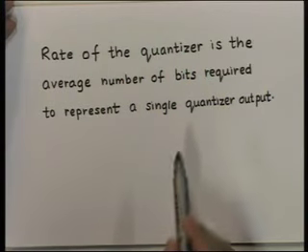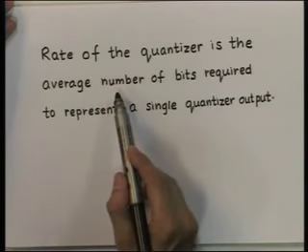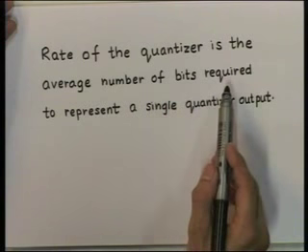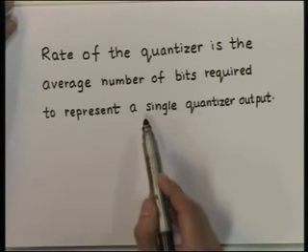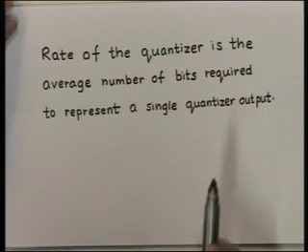Similarly, the rate of the quantizer is the average number of bits required to represent a single quantizer output.